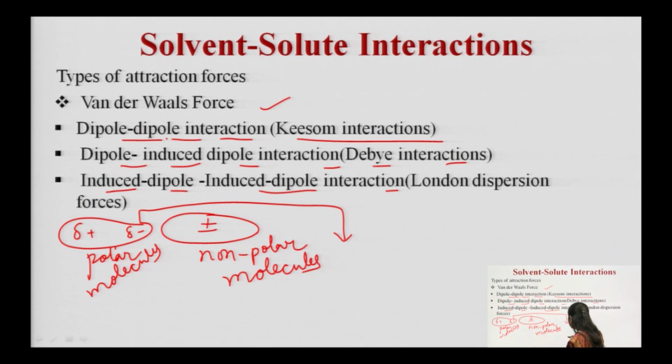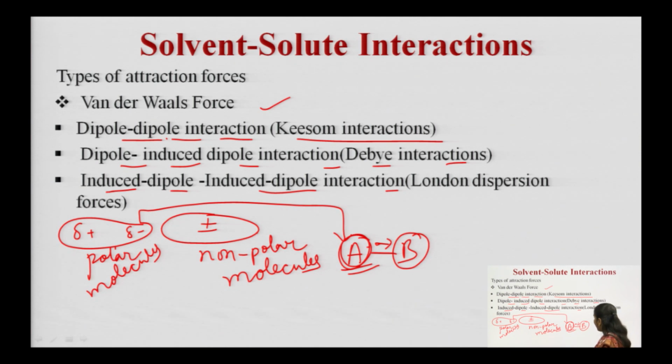Suppose a molecule is made up of A and B, and there exists an electronegativity difference between these two atoms, that is, B is more electronegative than A. The more electronegative atom will attract the covalent bond electron cloud towards itself.